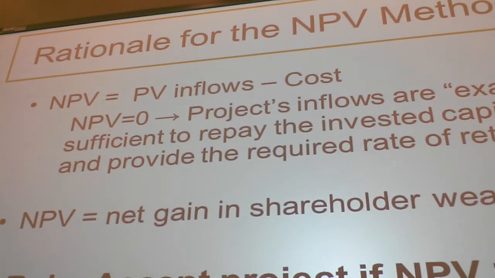All right. What's the rationale for this NPV method? The NPV is equal to your present value of inflows less your cost. So, an NPV of 0 is saying that the project's inflows are exactly sufficient to repay the invested capital and provide the required rate of return. Exactly equal. Okay?